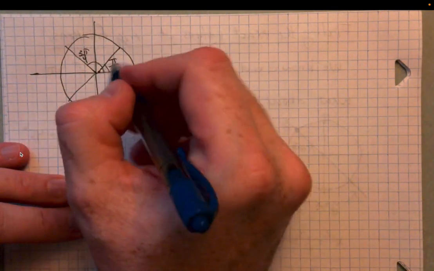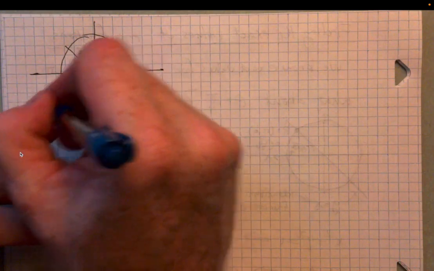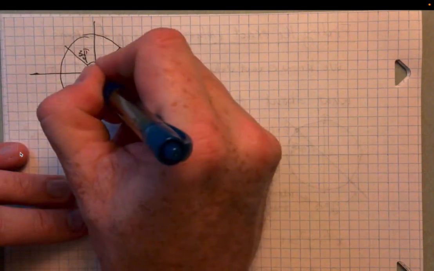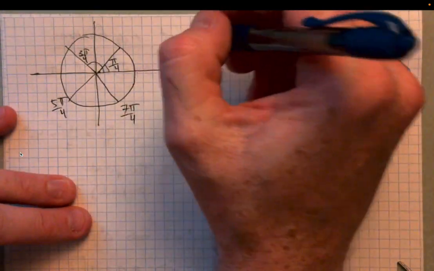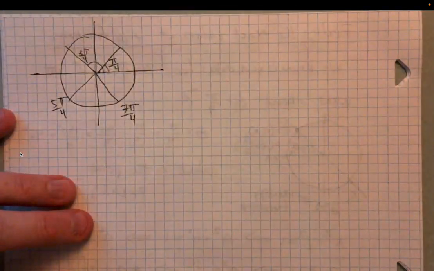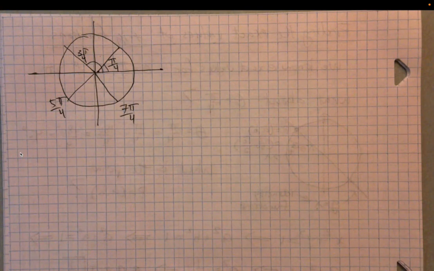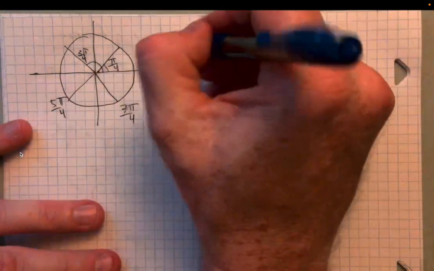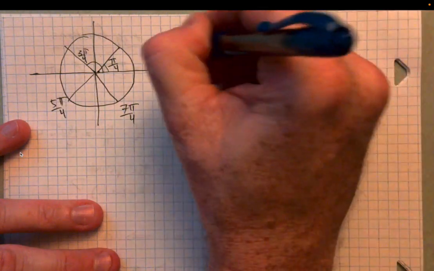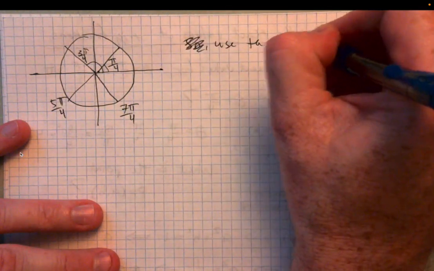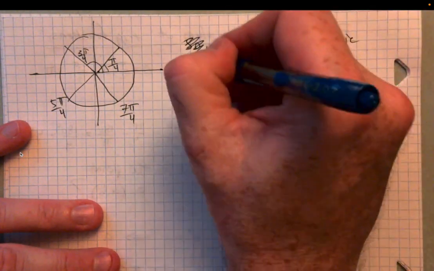And then down here would be 1, 2, 3, 4, 5 pi over 4. And then this would be 6, 7 pi over 4. So you can use the same basic approach to figure out the value of the trig functions at these other angles.